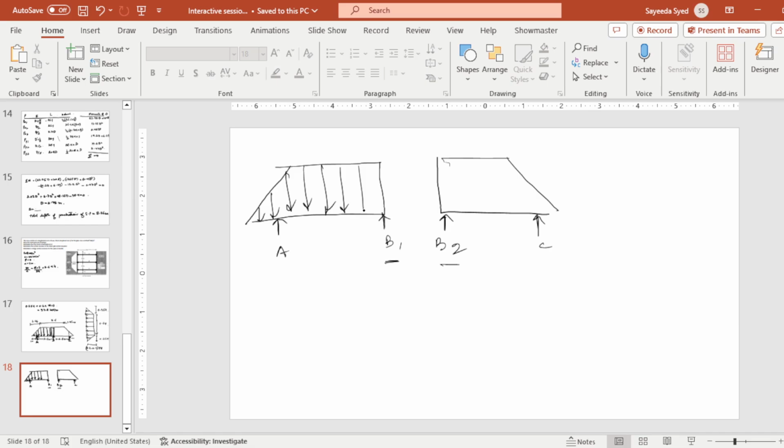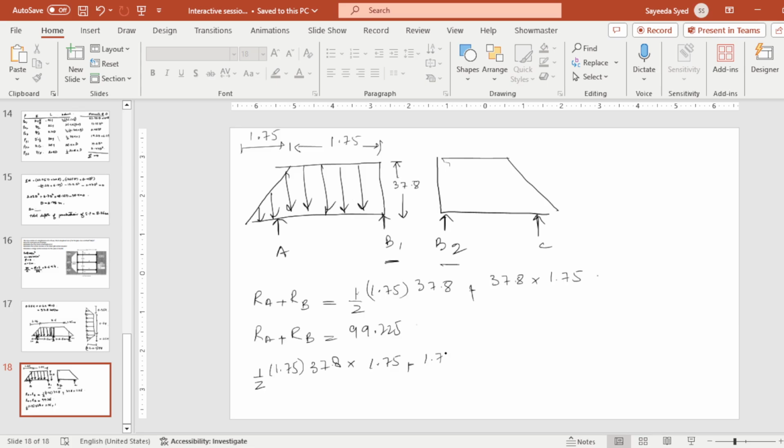And if we take a moment about B, it will be half into 1.75 into 37.8 into (1.75 plus 1.75 over 3) plus 1.75 into 37.8 into 1.75 over 2 minus RA into 2.5.